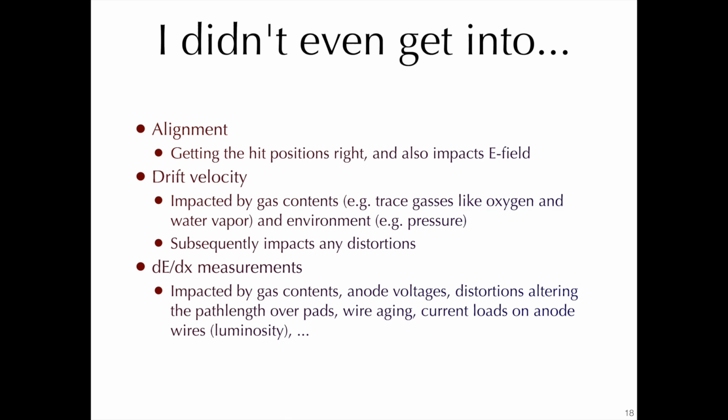If I'm picking up the pieces of what you're saying well enough, one of the downsides that we have with the gating grid is that it takes a moment to open the gating grid after an event is triggered. So during that short bit of time, the gating grid is not fully open. So the first few electrons that drift to the end don't come through the gating grid because it's closed.